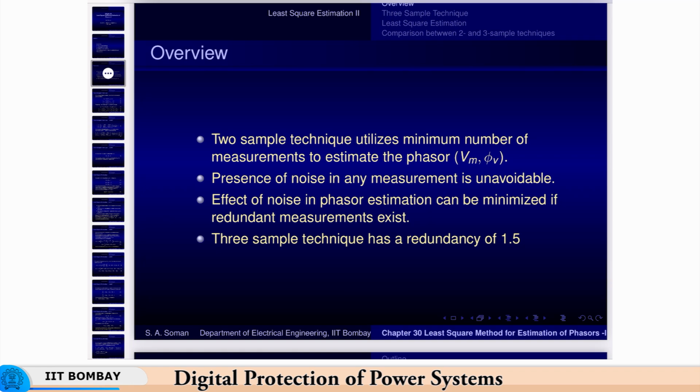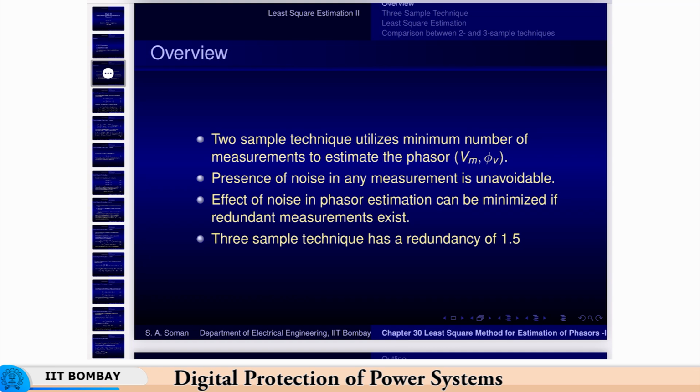As we saw, in any practical system, the presence of noise is inevitable. The instruments are noisy, the communication from the instrument to maybe the relays is noisy. So, the presence of noise is inevitable. You cannot eliminate noise completely. You can minimize it by shielding, etc., but of course, that is not what we are discussing today. What we are saying is the presence of noise is inevitable.